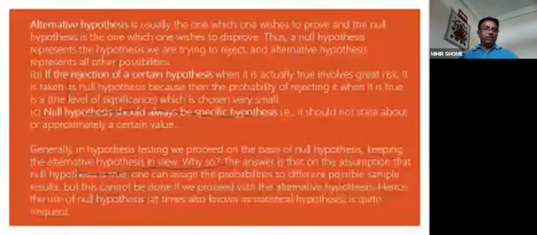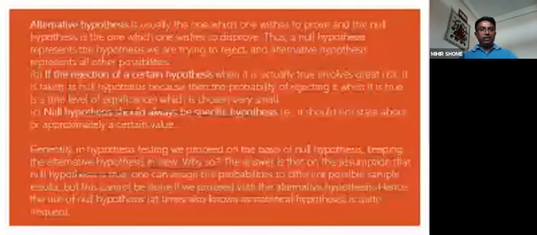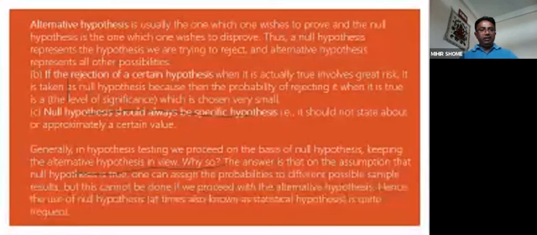The null hypothesis should always be a specific hypothesis, that is, it should not state about or approximately a certain value. Generally, in hypothesis testing, we proceed on the basis of the null hypothesis, keeping the alternative hypothesis in view. Why so?